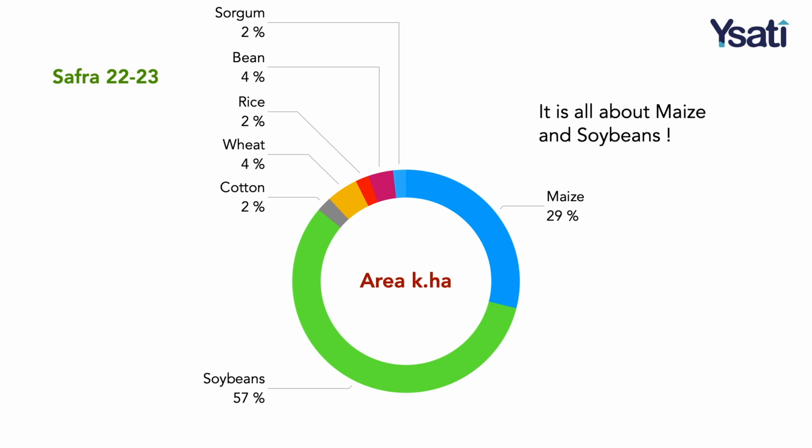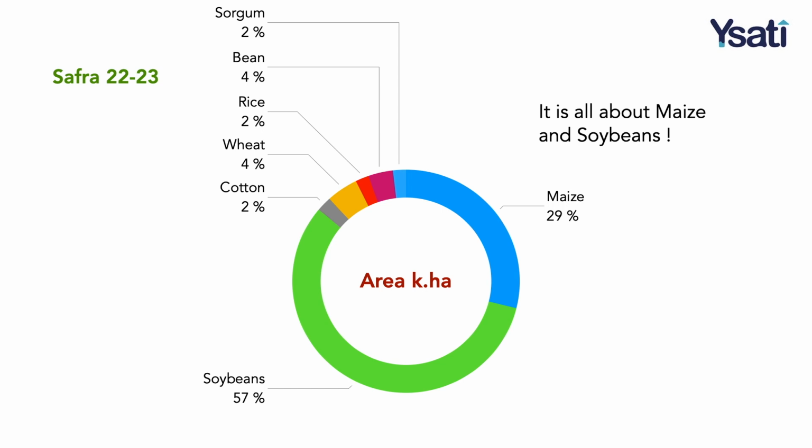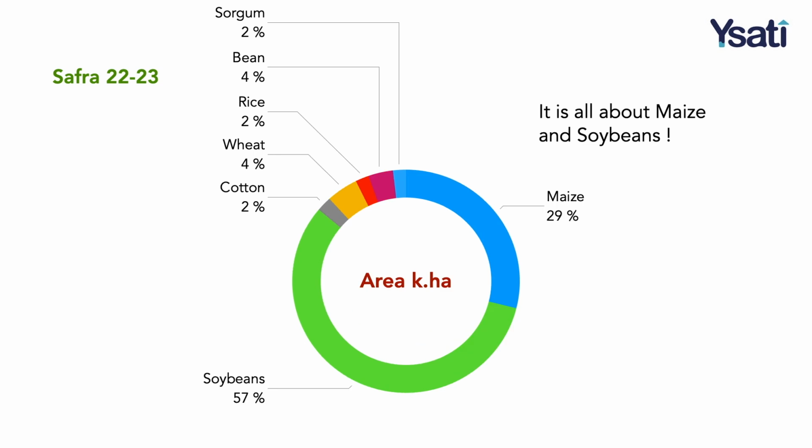It doesn't change the situation dramatically, but corn has much more weight in terms of production than in the area occupied.